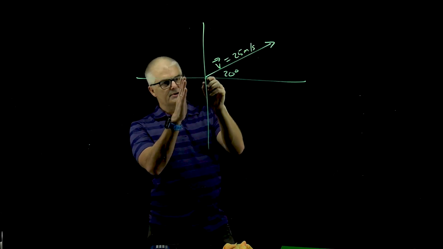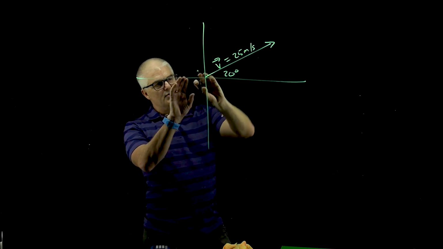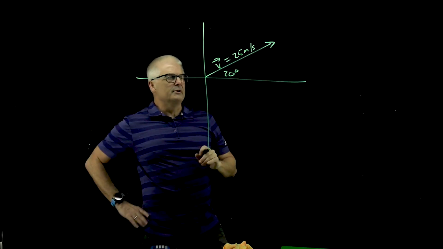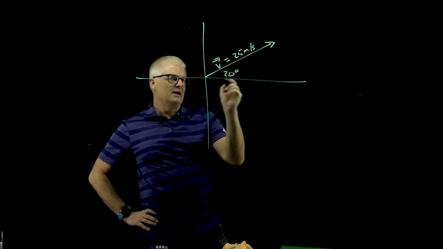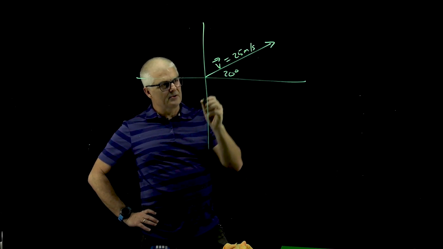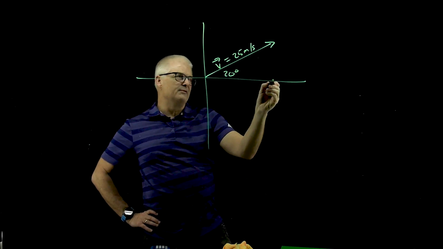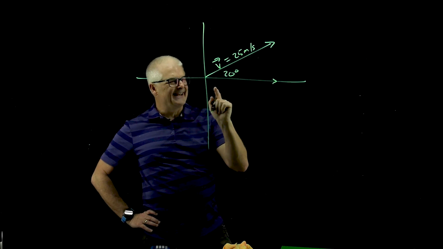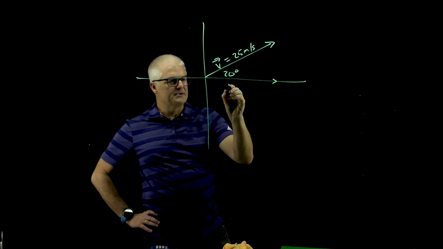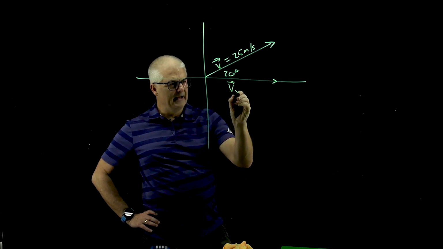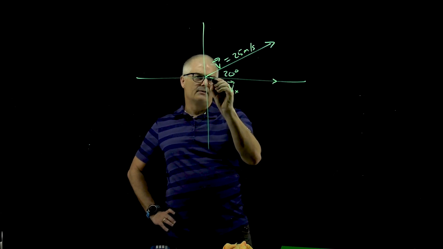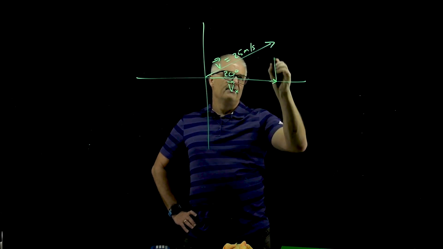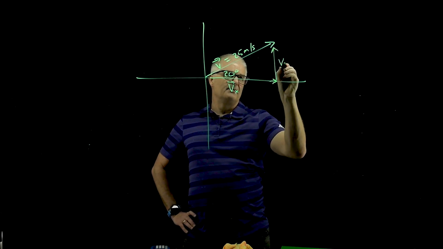A ball's being shot off at an angle of 20 degrees, and we want to break it down into its components. It's going up at an angle of 20, but we want to break it down into its x direction. So we would say v arrow x. It's traveling here, and then here, it's going up, v arrow y.